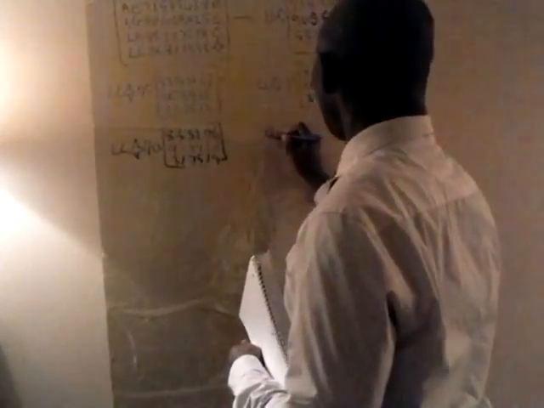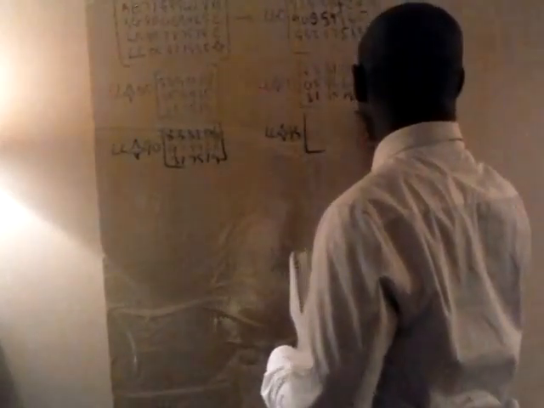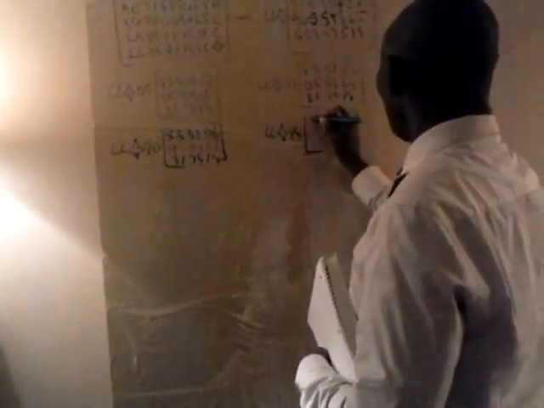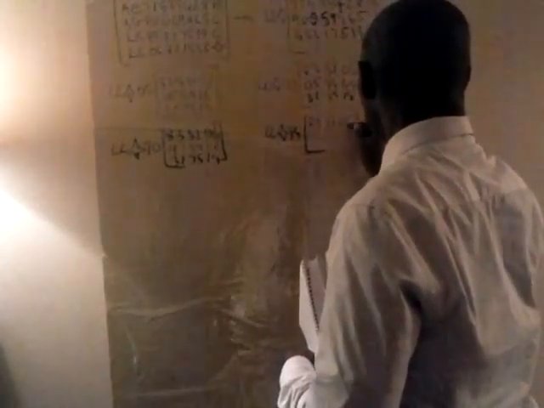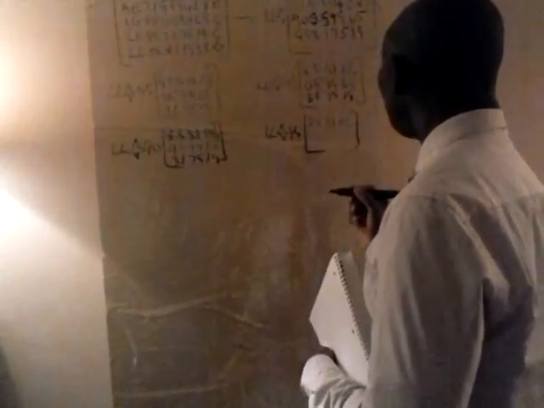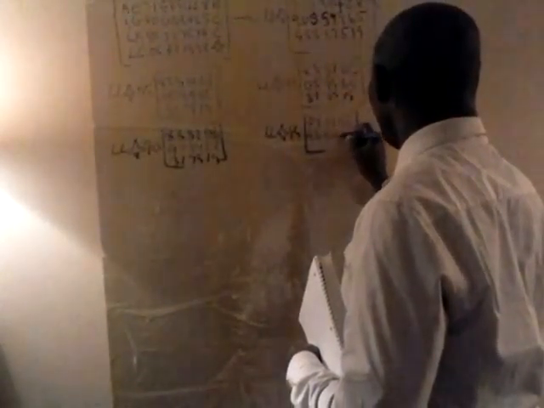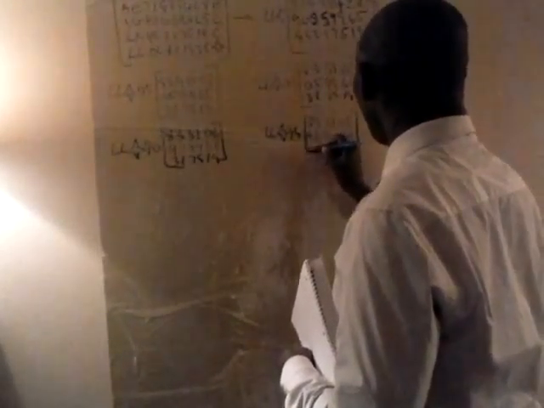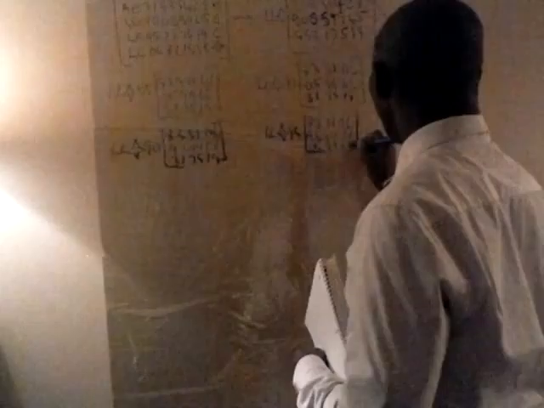Next one we'll have LL star 95. And for that we'll have now 83, 31, 06, 93, 94, 28, and 05, 99, 65.